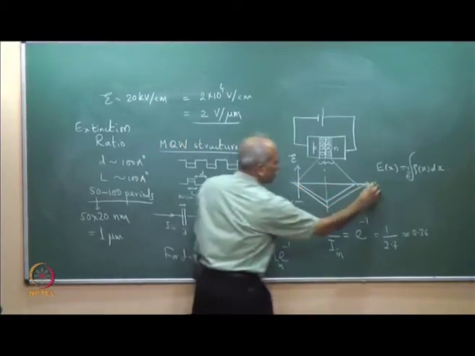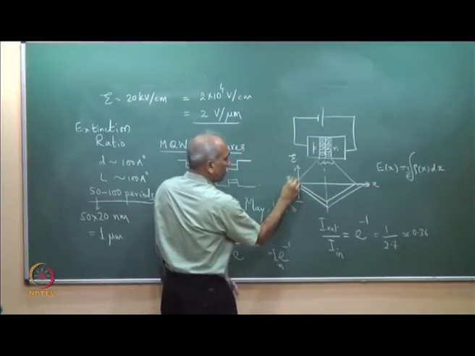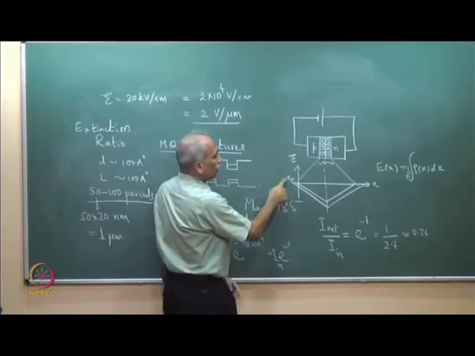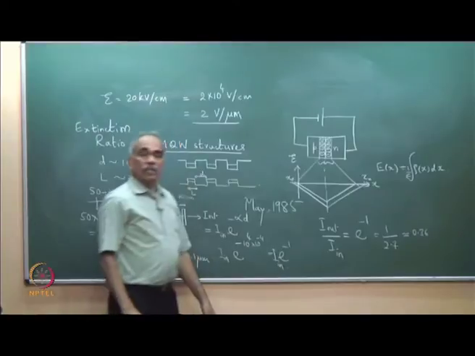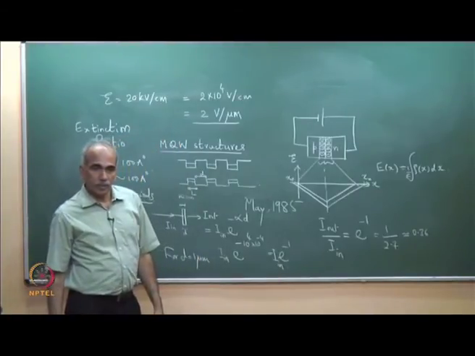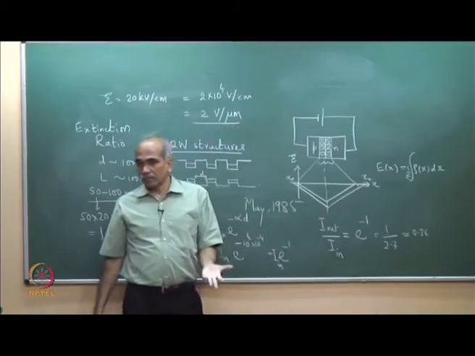What I have shown here is x versus electric field. This is the width of the p region, many times denoted as xp, and the width of the n region, xn, in the depletion region, and this entire width is of the order of 1 micron.